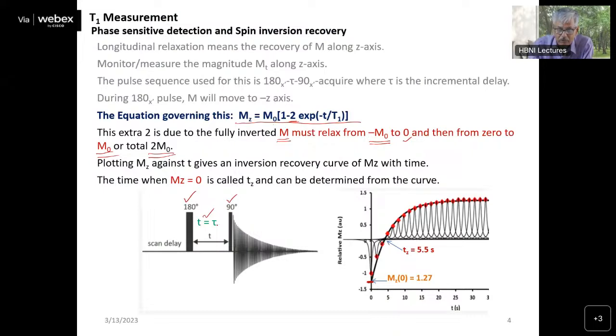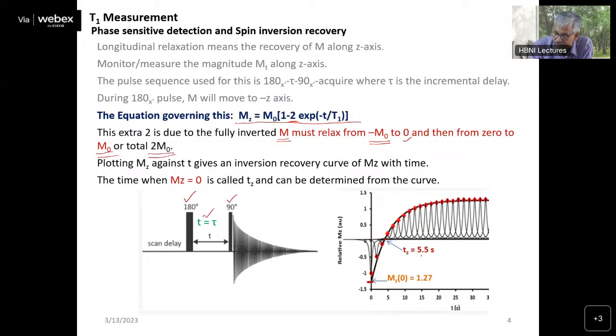And then if you keep on increasing the tau, you will see that slowly the system is undergoing relaxation, and at a particular time you will see there is no peak. Then you will see the peaks becoming positive. You are doing a series of experiments actually, and then you are plotting Mz versus tau.